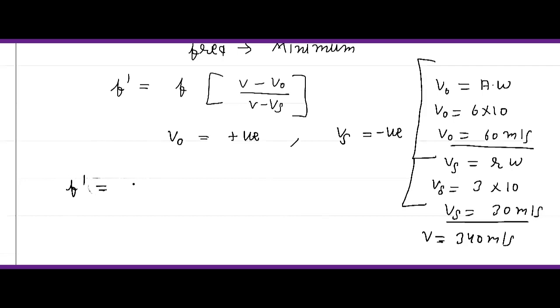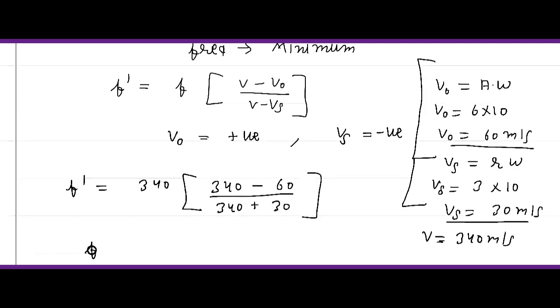F dash is equal to, frequency given as 340, into (340 minus 60) divided by (340 plus 30). So f dash is equal to 257.3 Hertz. This is the minimum frequency.